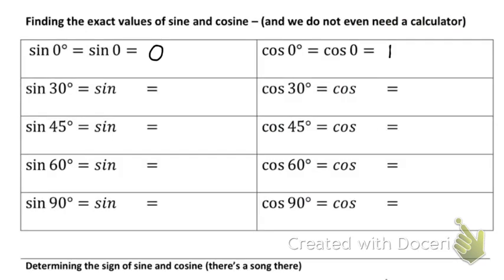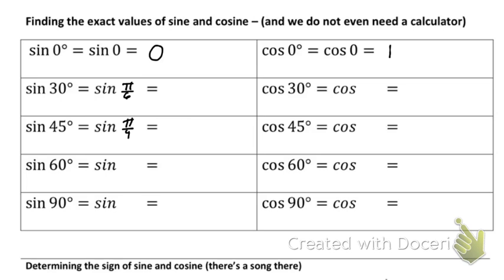So let's continue on. Our next one is find the sine of 30 degrees, but it also wants it in radians. What is 30 degrees in radians? Pi over 6. Yeah, awesome. Which means 45 degrees is going to be pi over 4.